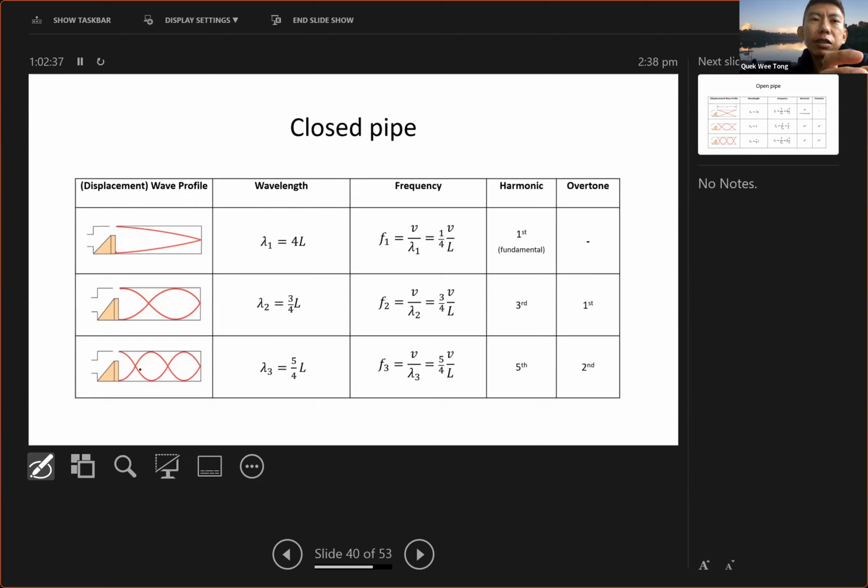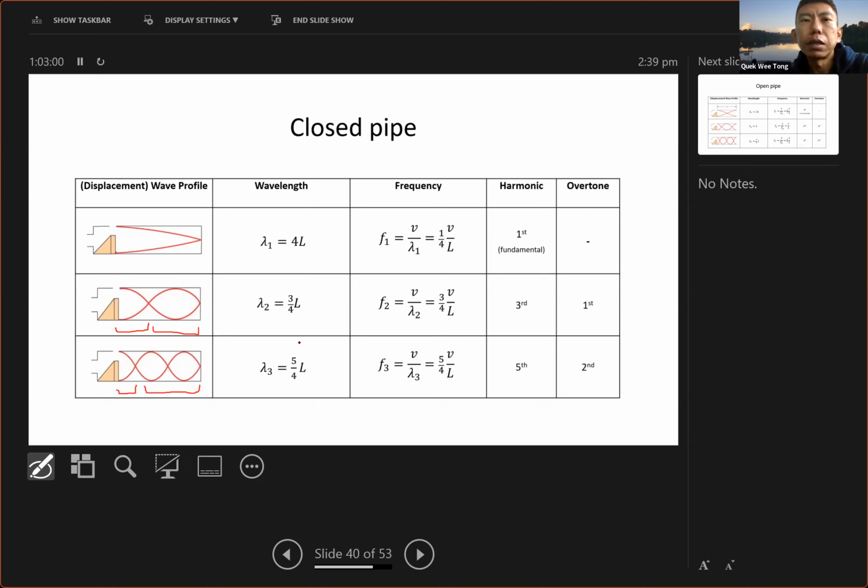So all of these will have a 1/4 of a waveform hanging outside. Here's a quarter. Here's a quarter. Then here is a half. Here's 2 halves. Here's 0 halves.